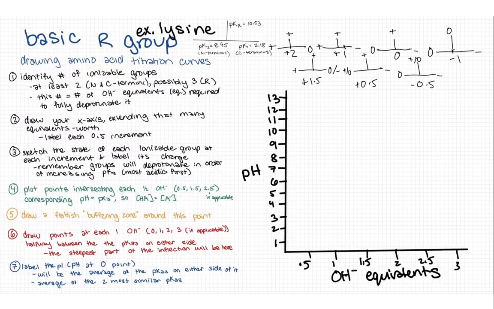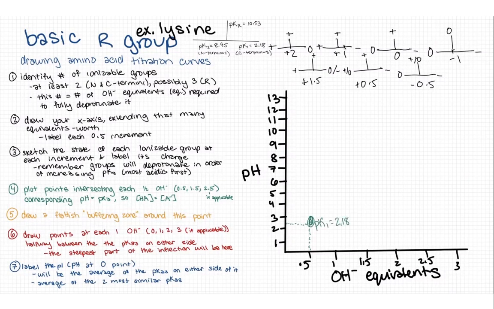So we're going to start with our most acidic, which is going to be our pK1 for our C-terminus. It's going to be 2.18. We can draw a dotted line over from that to our 0.5 equivalents. We draw this point, and this is going to be our pK1 equals 2.18.